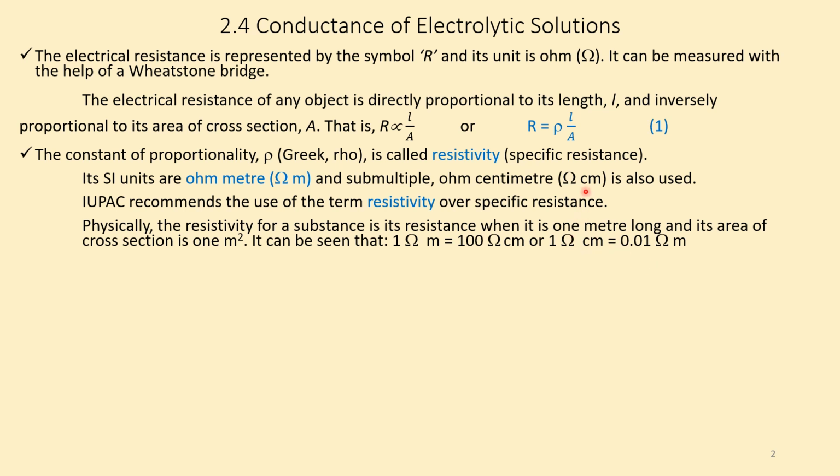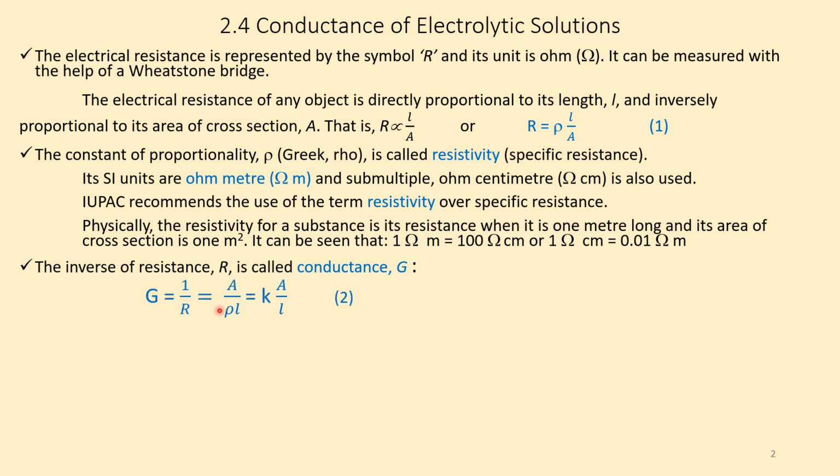If you put L equal to 1 meter and A equal to 1 meter square, then R is equal to rho. Hence, we can define the resistivity of a substance as its resistance when L is equal to 1 meter and A is equal to 1 meter square.